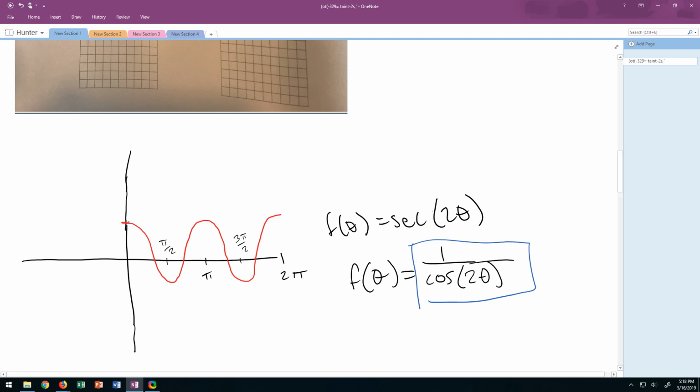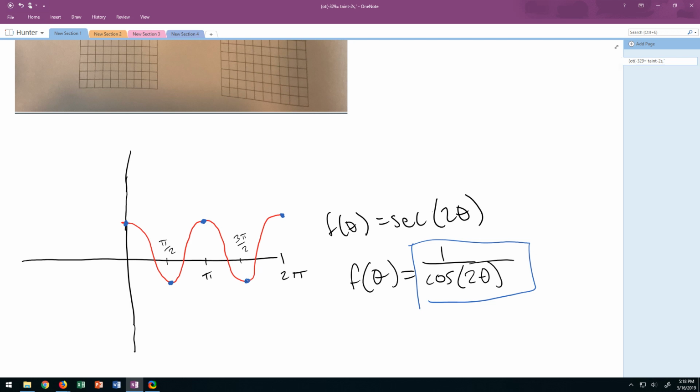Yeah, I can see that on my graph in red right here. So 1 over 1 is going to be 1. In fact, at any point on the graph where I have 1, the reciprocal of that graph is going to be 1 over 1, right? Same thing is going to apply at negative 1. When the cosine of my angle is equal to negative 1, then 1 over negative 1 is negative 1. So my secant graph is definitely going to pass through those blue points, right?